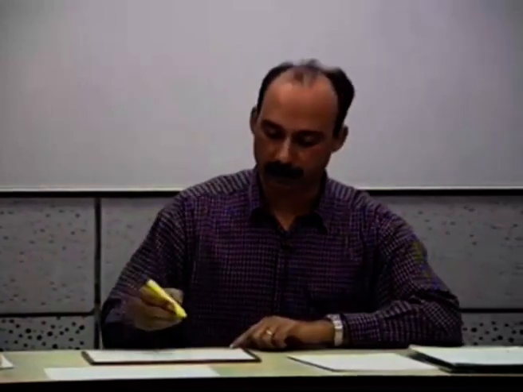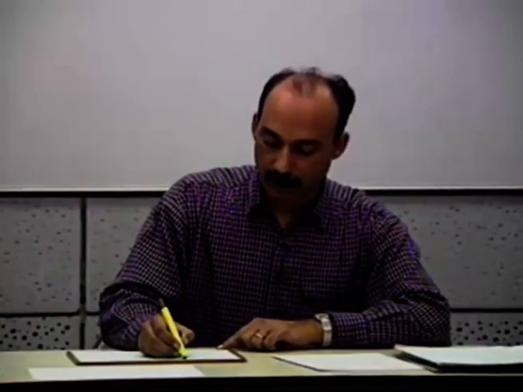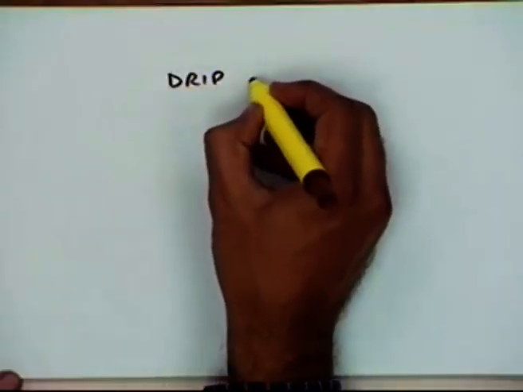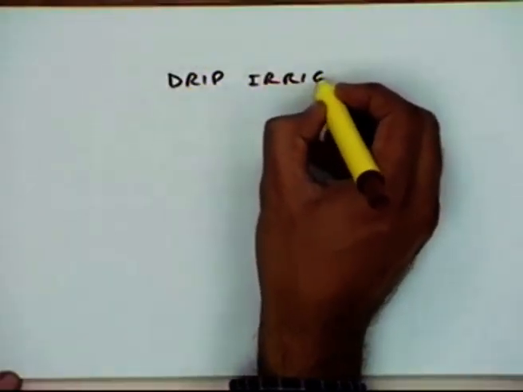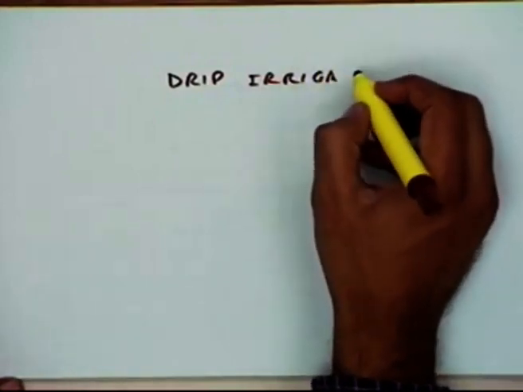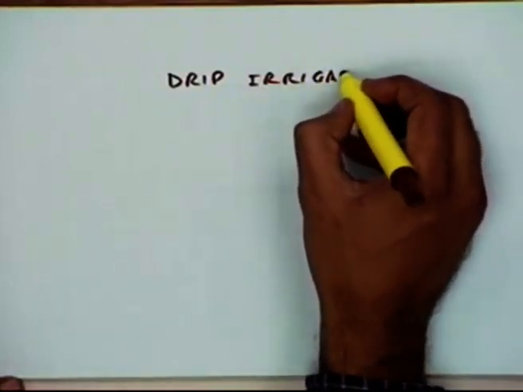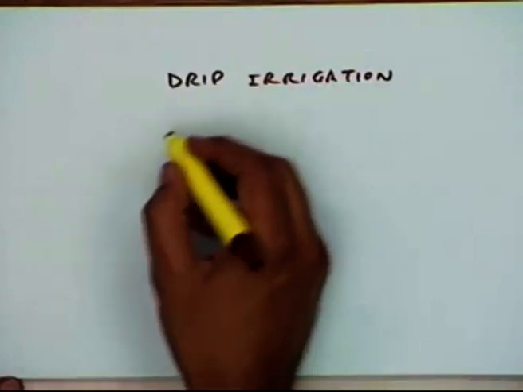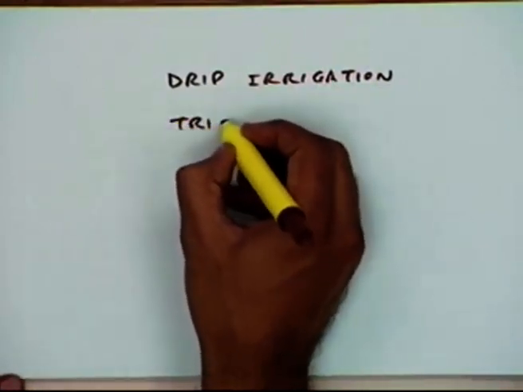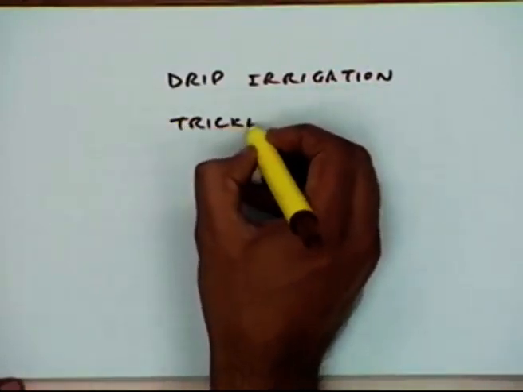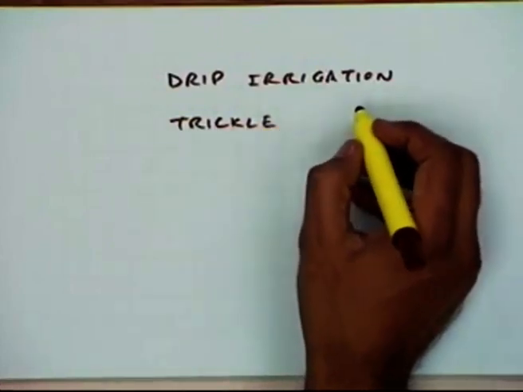Let's move on to the next topic of our discussion, which is the drip irrigation system. There are different names given to this system. It is known as the drip irrigation system, or sometimes also called the trickle irrigation system.